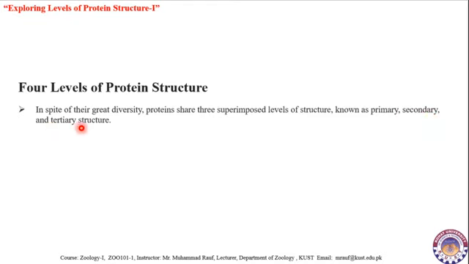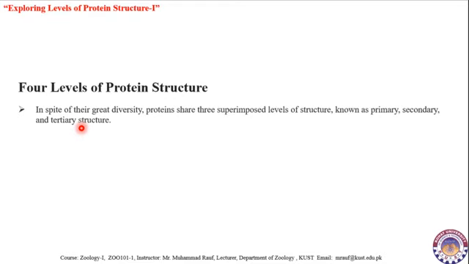Proteins are made up of only 20 different types of amino acids, but they are the most diverse biological macromolecules. They have hundreds of thousands of different types on the basis of their shape, on the basis of their structure.